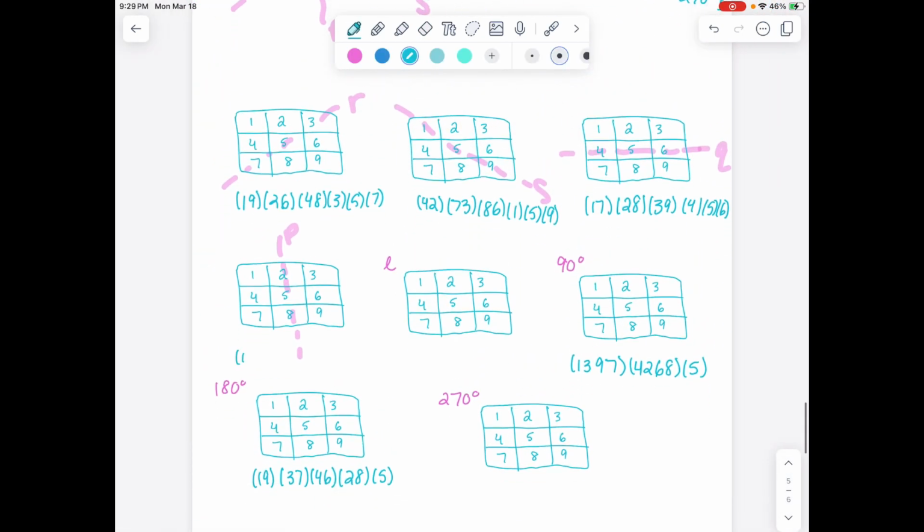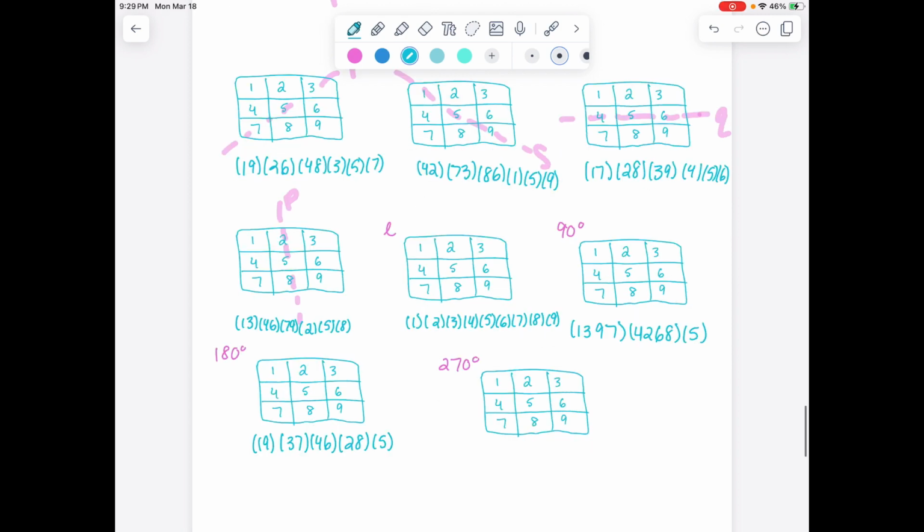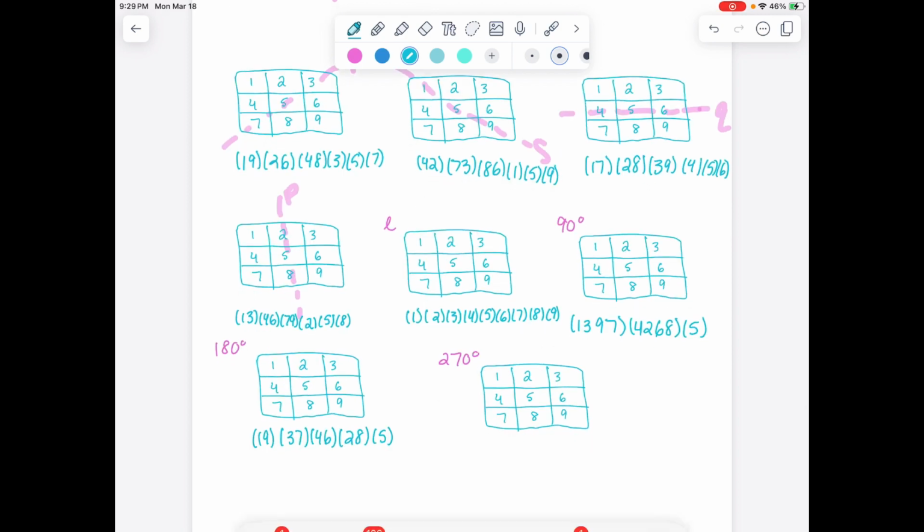We have 1 and 3, 4 and 6, 7 and 9, 2, 5, 8. Everything's related to itself, and then again we have 2 cycles of length 4 and 1 cycle of length 1.